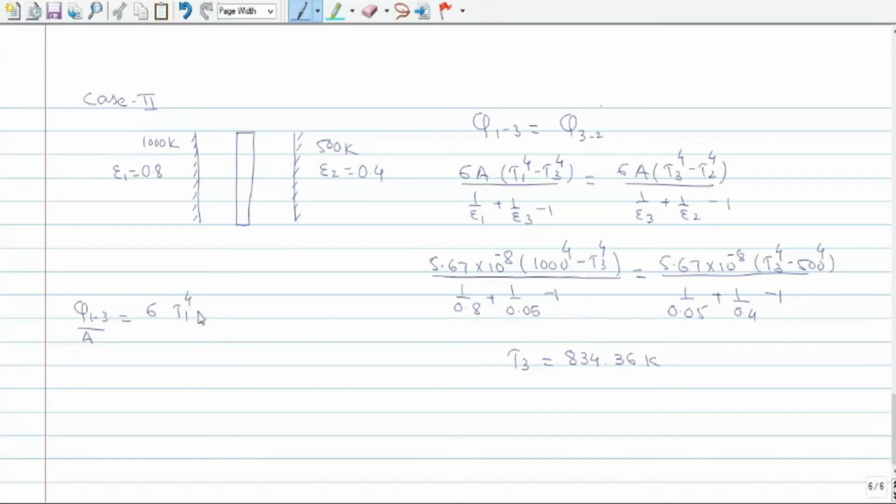And now we can calculate Q123 divided by area, which equals sigma into T1 to the power 4 minus T3 to the power 4 divided by 1 upon E1 plus 1 upon E3 minus 1.